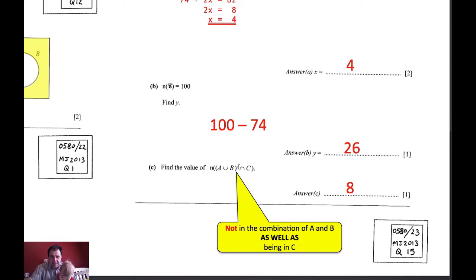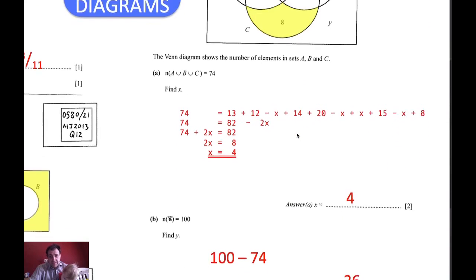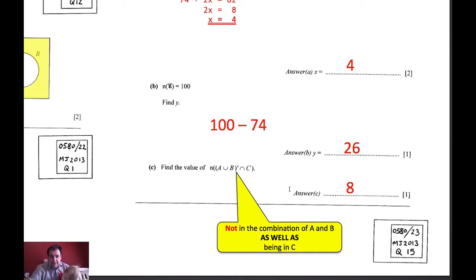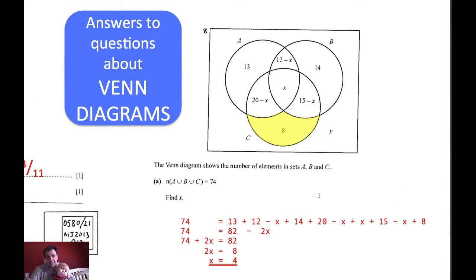And then it says intersect C, so where everything outside A and B overlaps with C, it's the bit that I've shaded yellow there, which is 8. So the answer there is 8. So just breaking that down into words, A union B dash intersects C means not in the combination of A and B, that's the A union B dash, as well as, that's the intersect bit, also being in C. So again, identifying that on the diagram, you can see directly that that's eight elements in that set.